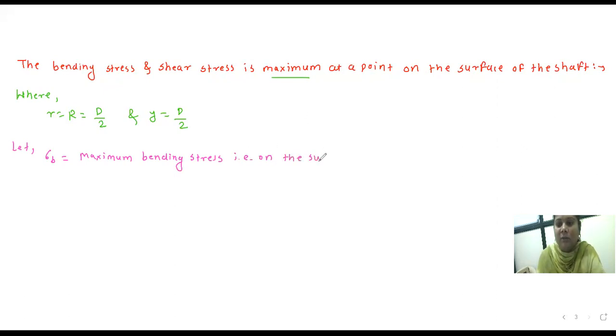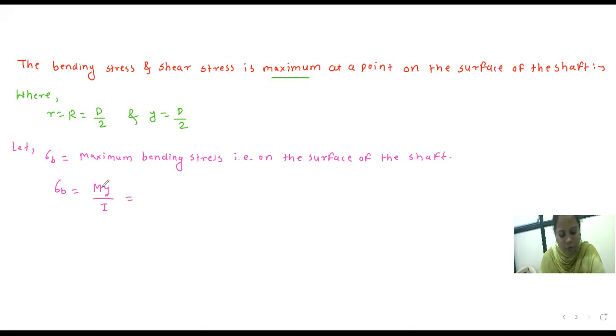Simply remember that sigma b means maximum bending stress. Which formula is applicable for maximum bending stress? Sigma b is equal to M into Y upon I.